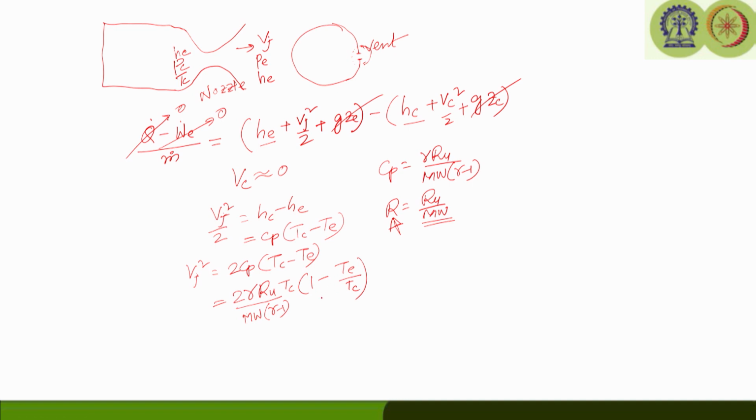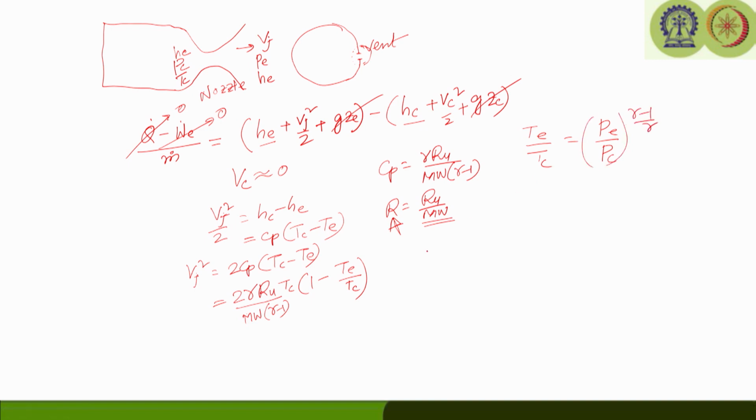Now, one can think in terms of isentropic flow, and we can simplify this equation further by writing Te by Tc in terms of the pressure ratio, P by Pc, to the power gamma minus 1 by gamma.